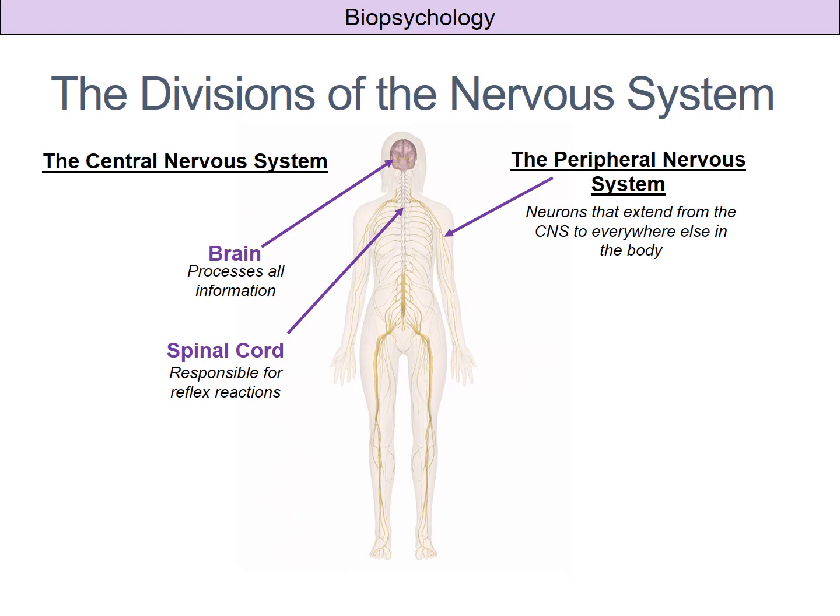So the peripheral nervous system is again divided up into 2. Some of the responses in our body, things like breathing and heartbeat, are not voluntary. So those will happen whether or not we choose to do them. They're automatic processes, and they are controlled by the autonomic nervous system. Now, the autonomic nervous system is again divided into 2.